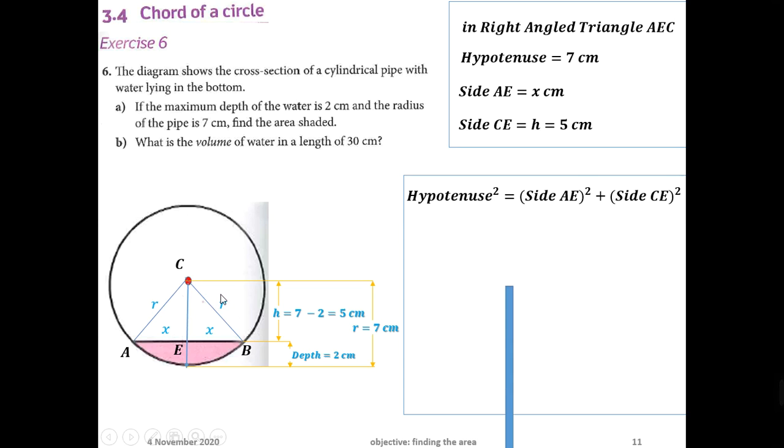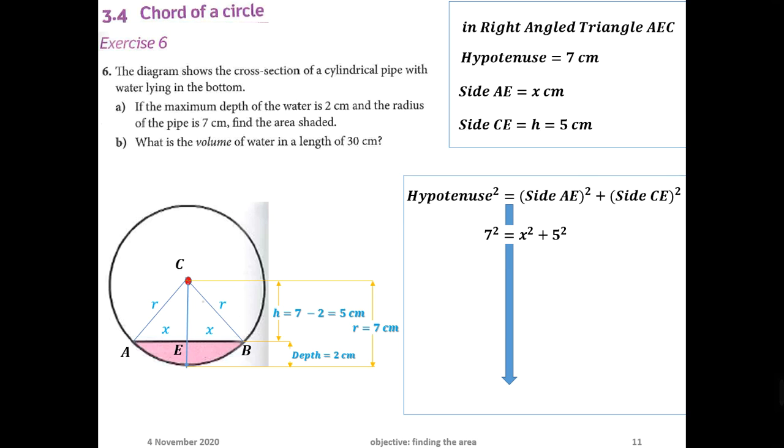The hypotenuse is 7, so 7 squared is equal to side AE, my unknown, which we named X, so X squared, plus side CE, which is 5, so plus 5 squared. So we wrote the Pythagorean Theorem rule and we substituted in it. Now we're going to apply opposite operations.